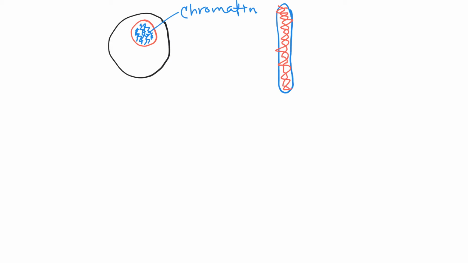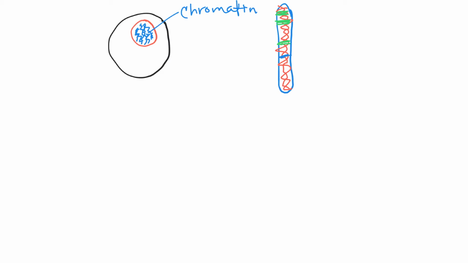Humans have 23 chromosomes. And in each section of the DNA, we can see genes for different proteins. Genes code for proteins.